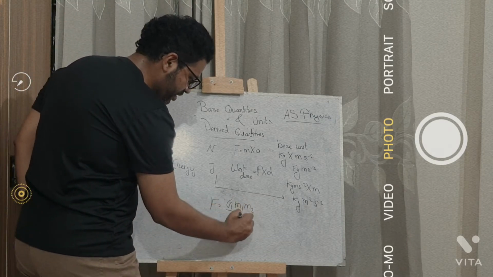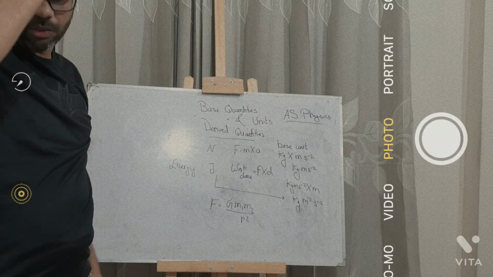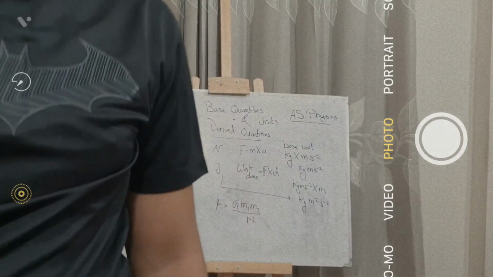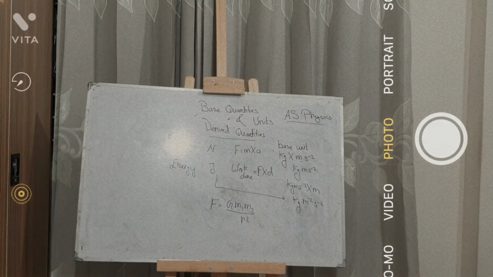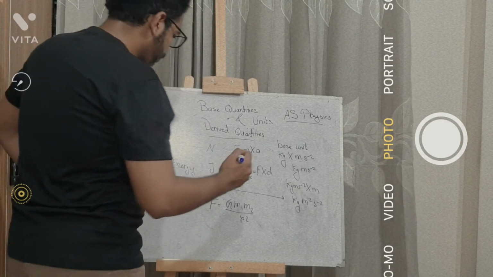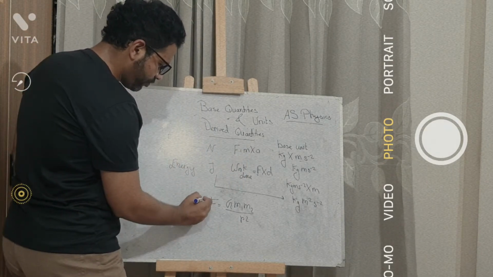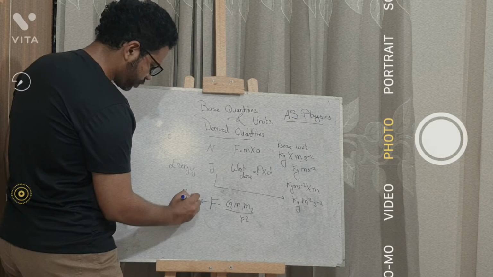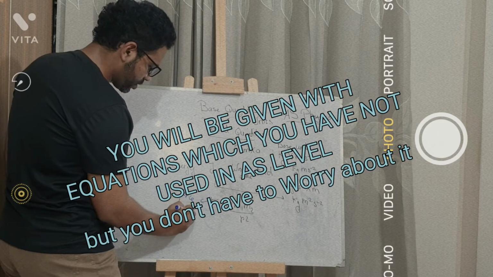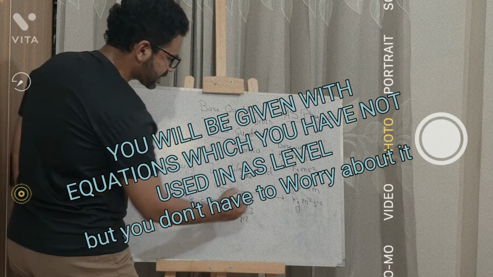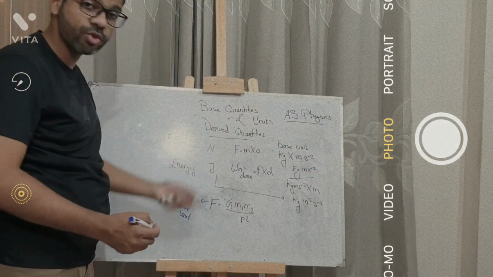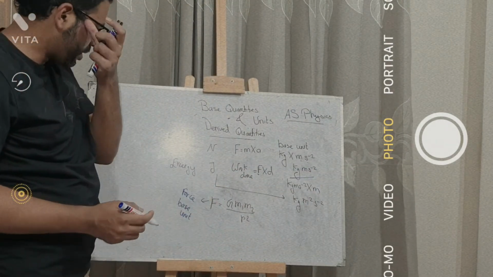So if this equation is given to you and you are asked to find the base unit for force, how will you show that? Okay, so let's see that. So from here you will have to find out the base unit of force. We know the base unit of force is kg meters per second square, but if you have to show it, break it down from this equation, then how would you do it?